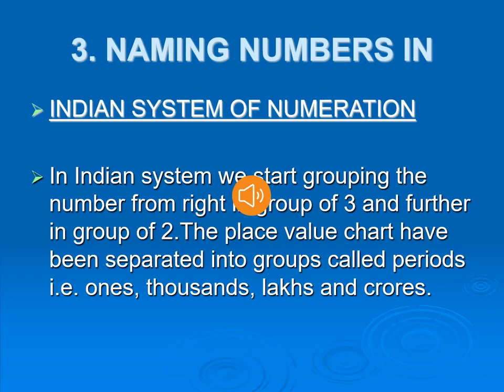We can learn this like, in the Indian system of numeration, each period has a family of members, and the first period, that is the ones family, has a 3-member family. Thousands, lakhs and crores, all periods have 2-member families.